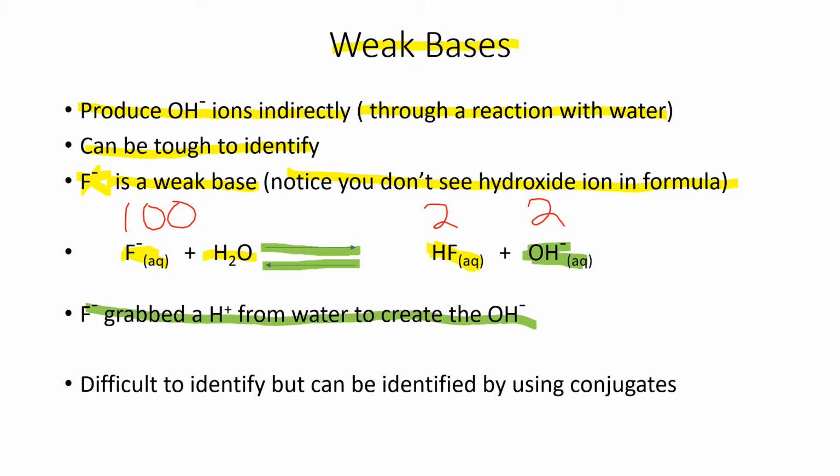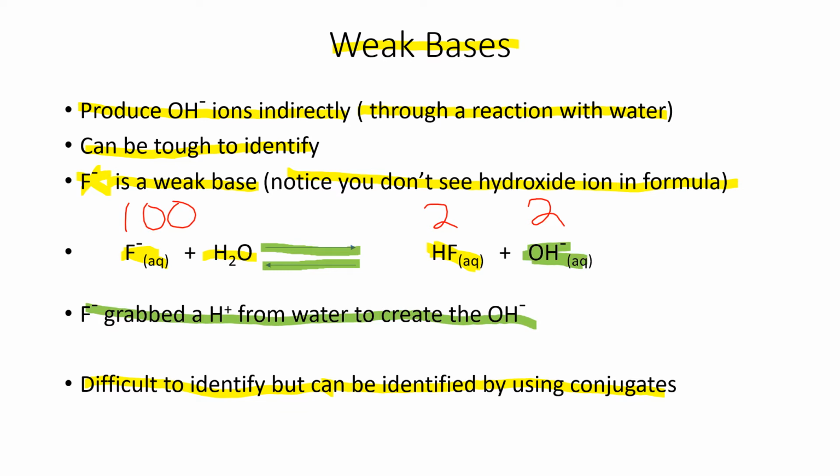Because you don't see hydroxide ion directly in the formula of these weak bases, they can be very, very challenging to identify. So being they're difficult to identify, we want to show you a technique to identify them. They're going to be identified through what we call conjugates. We're going to talk about that on the next slide.